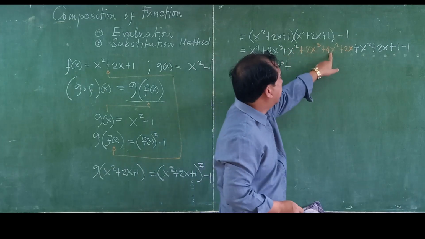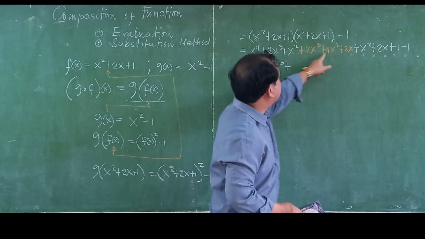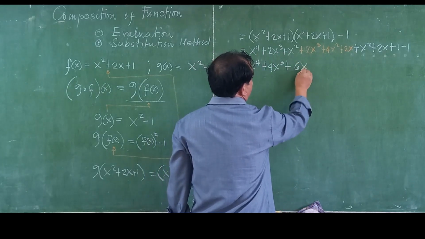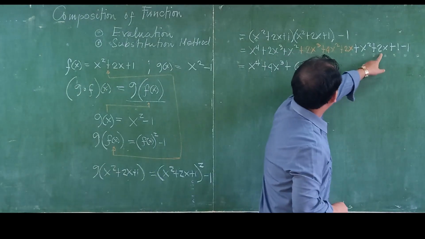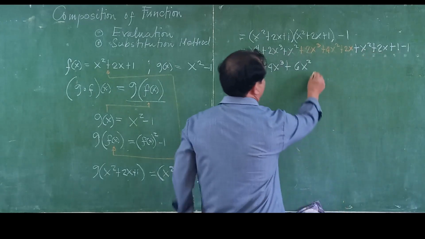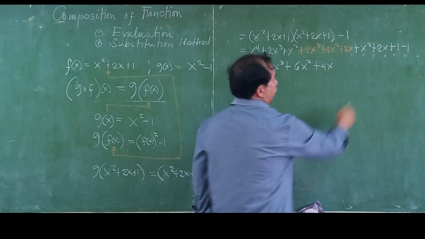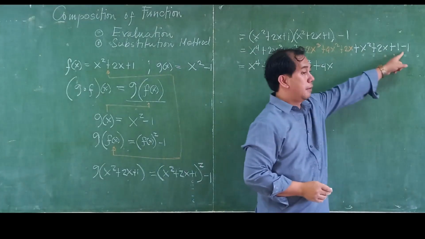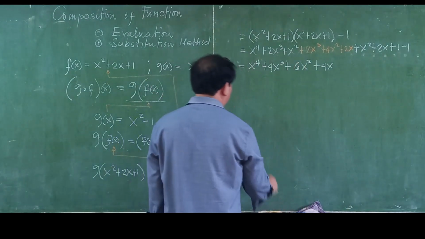We have. Ayan. So, that is the same as 6x raised to 2. This one, are they similar terms? That is the same as plus 4x. What about this one? Oh, 0. So that would be now our final result.